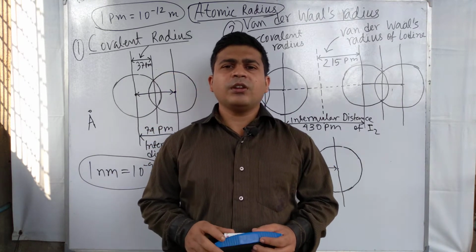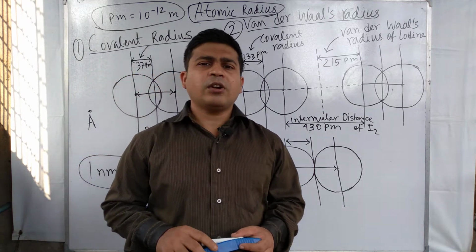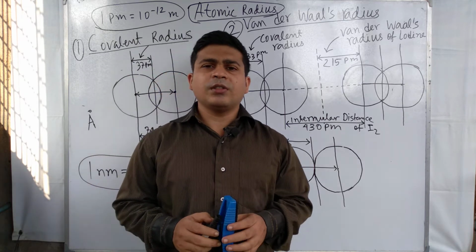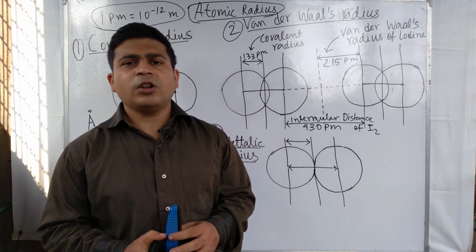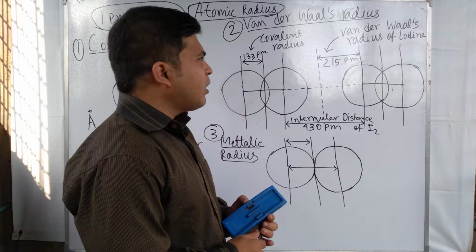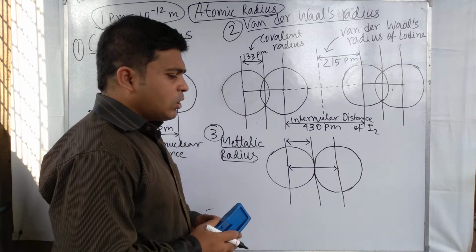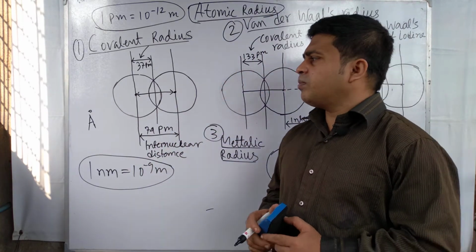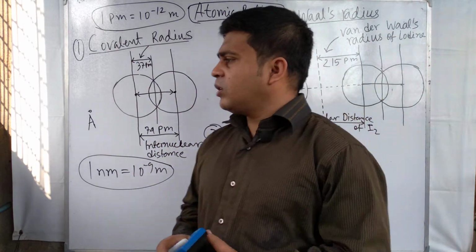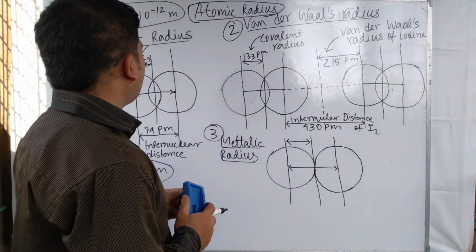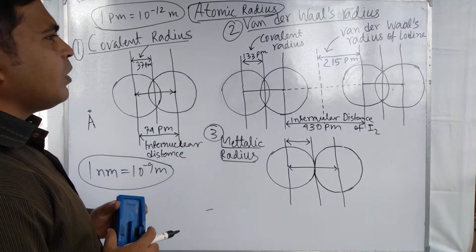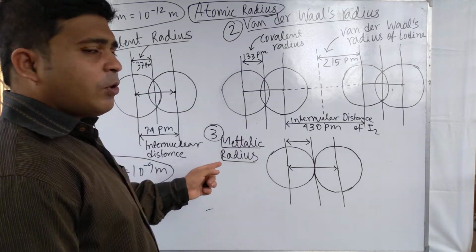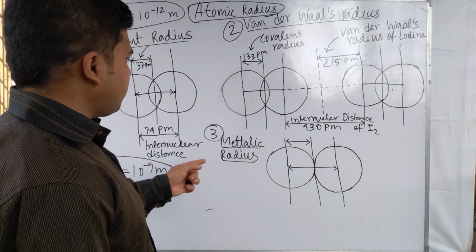So for this reason we measure the atomic radius using the internuclear distance. With the help of internuclear distance, we measure atomic radius in three ways: covalent radius measurement, van der Waals radius measurement, and metallic radius measurement.